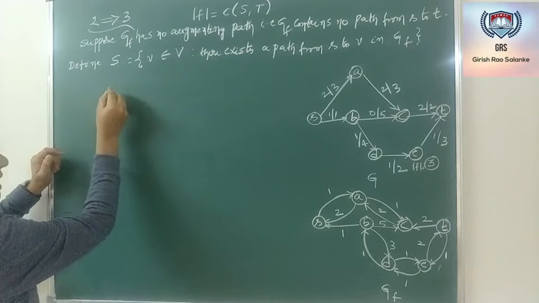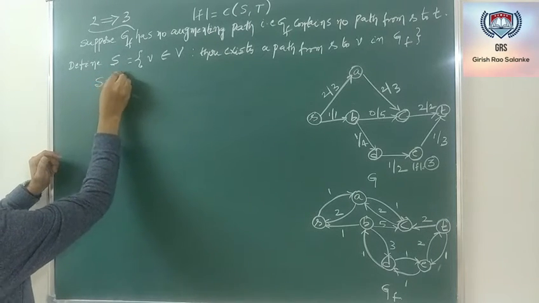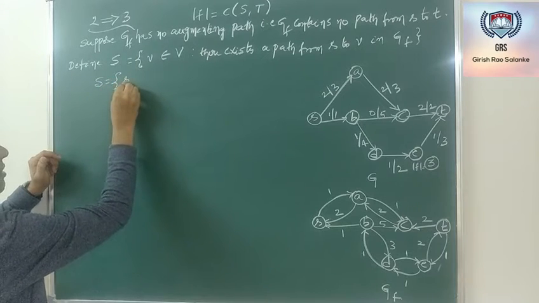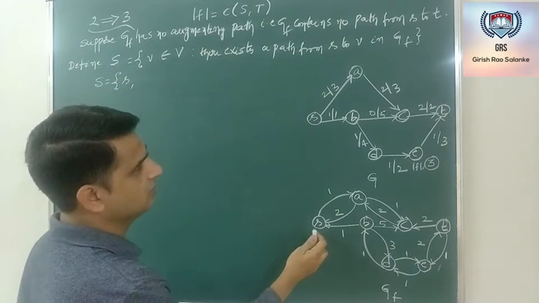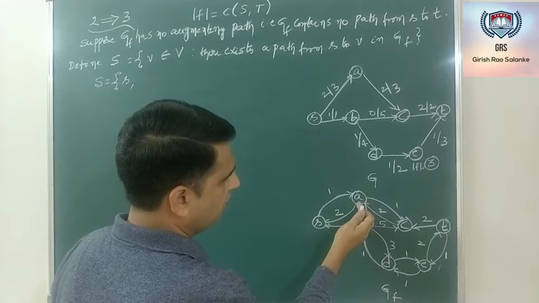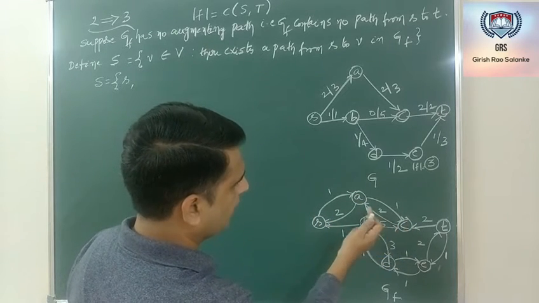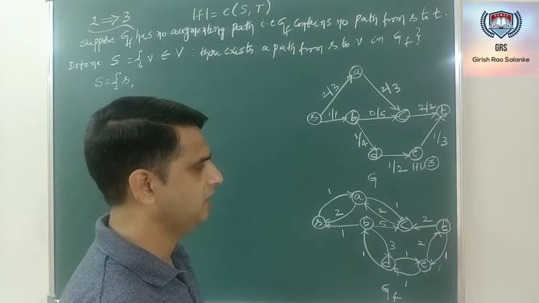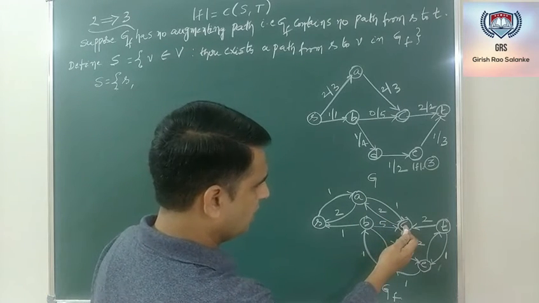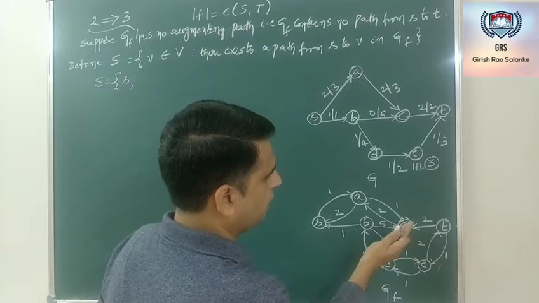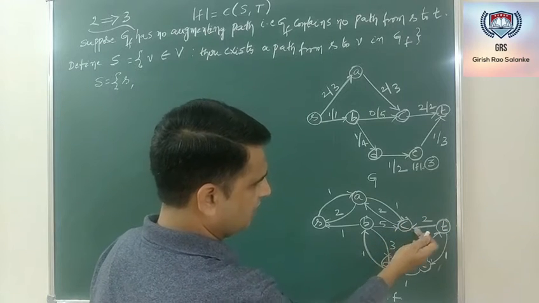So I will have my S as, obviously, S with the source vertex. From source A is reachable. From A I can go to C. Now from C there are no outgoing forward edges. From C there is an incoming edge.